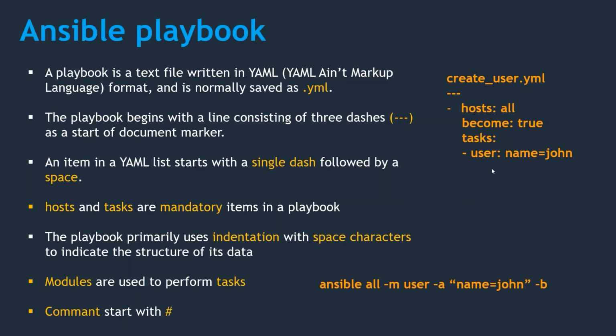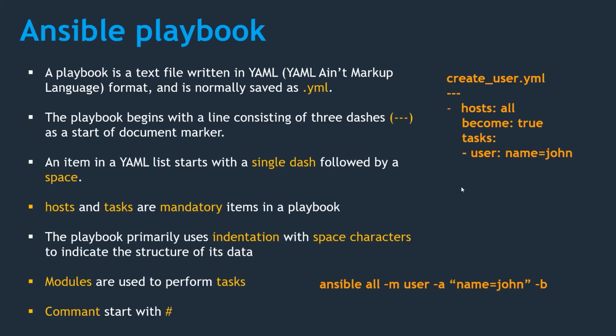And this user can start somewhere inside, but this minus should not come out of tasks, because this user is a sub item in the task. This is how we can write a playbook. Now whatever ad hoc command we have executed, we will convert into an Ansible playbook and execute it. Clear?